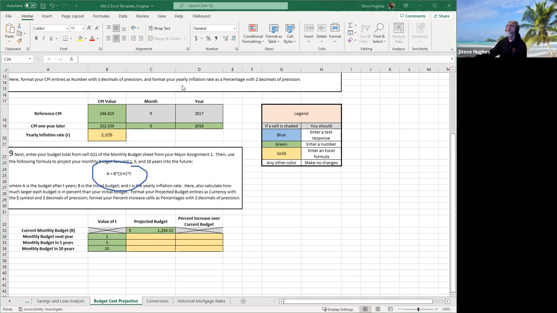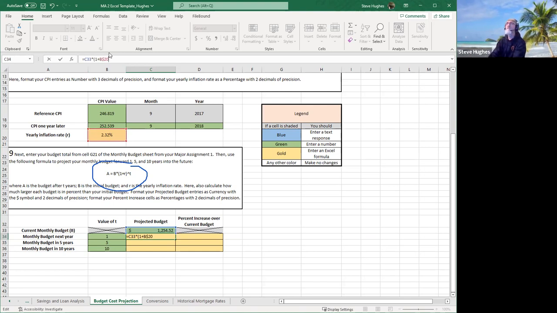Start with the equal sign, right? So equals my budget, that's B, that's right here. Click on it. Asterisk, open parentheses, 1 plus R. R is right here that I just calculated. If you want to copy this formula, make sure you put the $ sign in between the B and the 20.